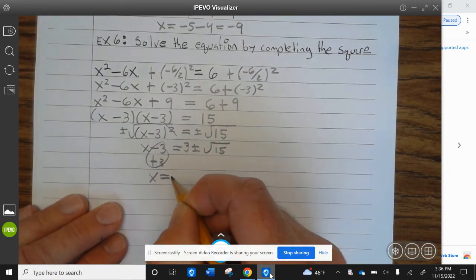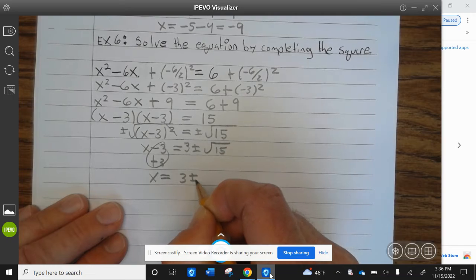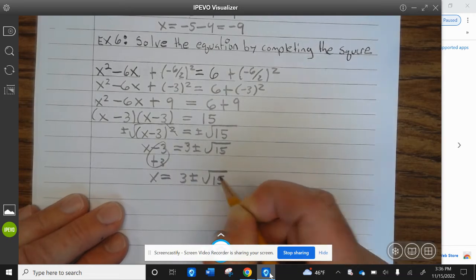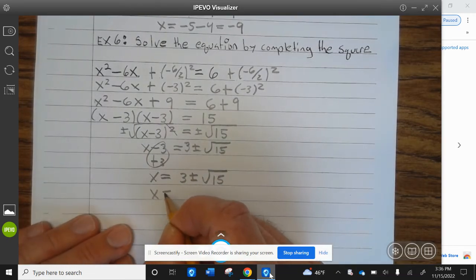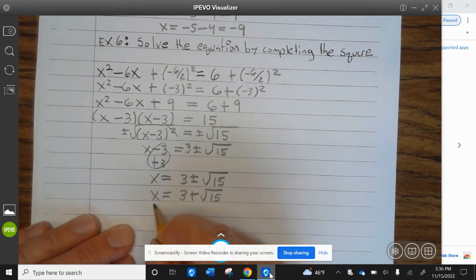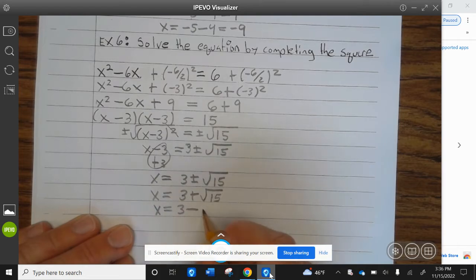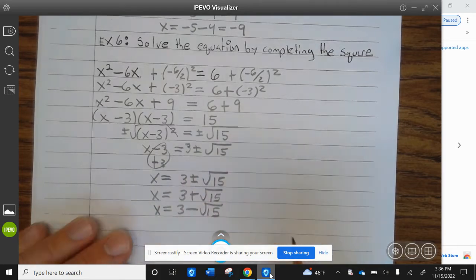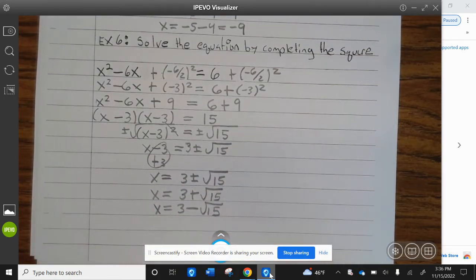You get x equals 3 plus or minus the square root of 15. So you can write that as x equals 3 plus square root of 15 and x equals 3 minus square root of 15. All right, go and finish up example 6.